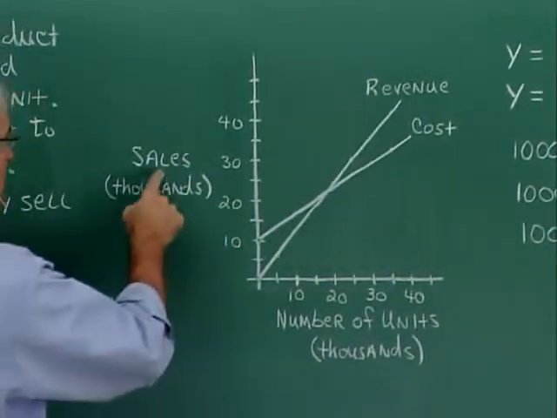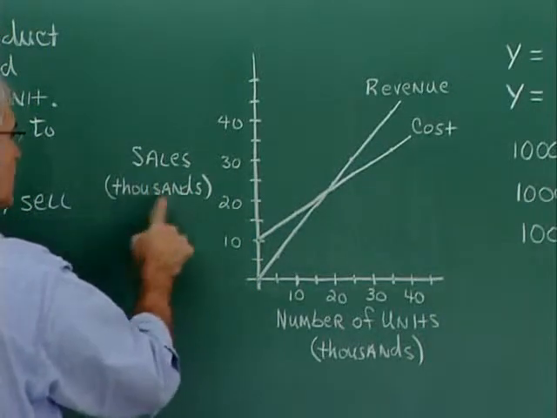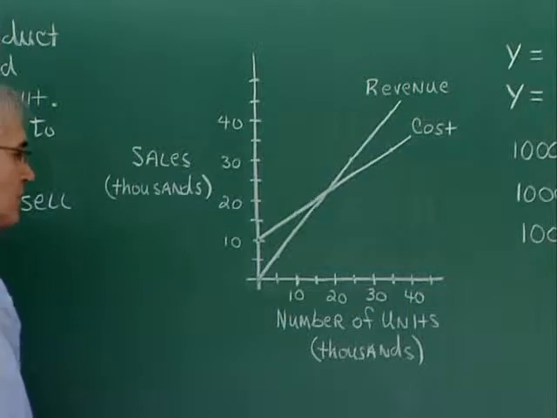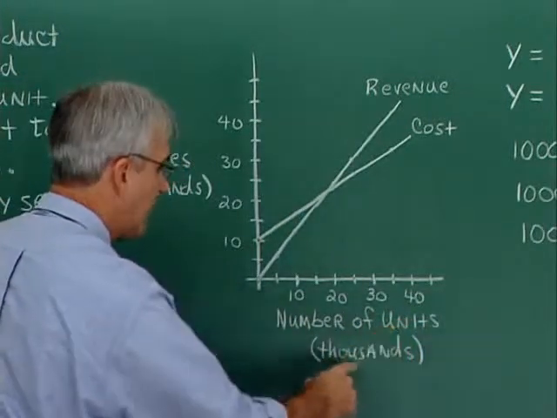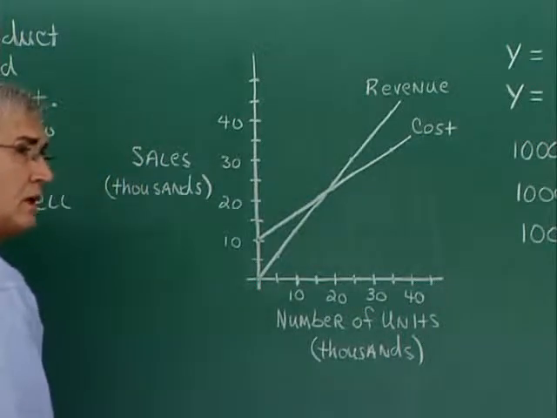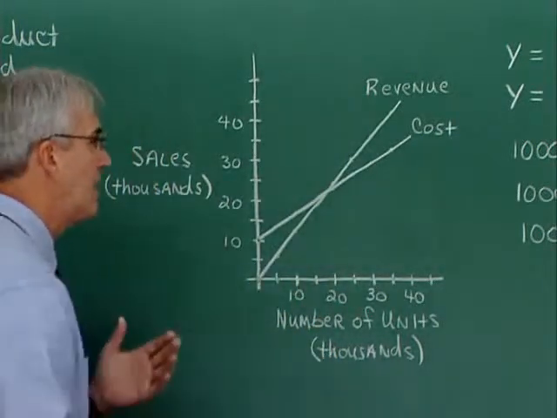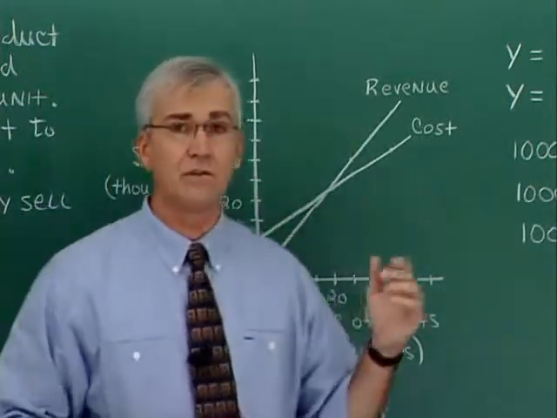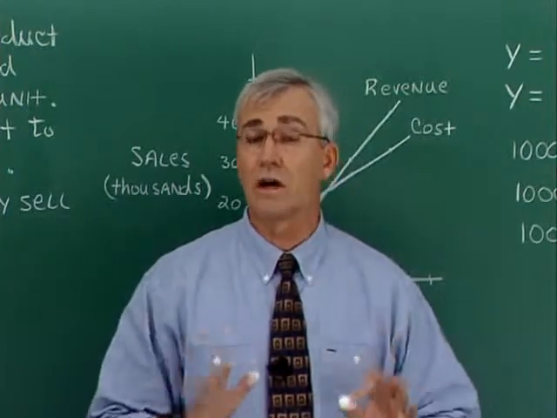Now, notice that along this axis is some number of sales, and the number of sales is in thousands of dollars. And here we have some number of units, and that also is in thousands. Now, by the way, to construct the graph, if you're using the point plotting method, I just made a little table of values here and plotted a bunch of points and then drew the graph as we are accustomed to doing.